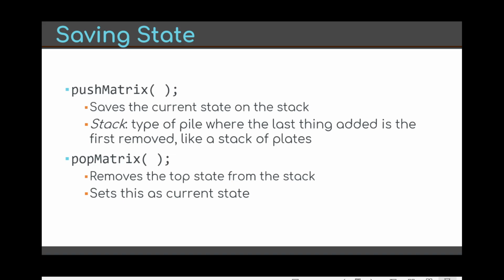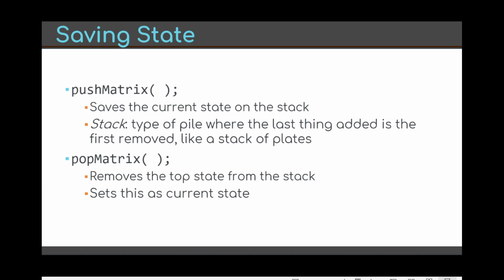Now, push matrix puts a configuration, all your fills, your strokes, your translates, your rotations, down the stack. And then you can still change the state. But when you want to go back to what it was before, you can do pop matrix. When you call pop, the thing you pushed will come back exactly as it was.